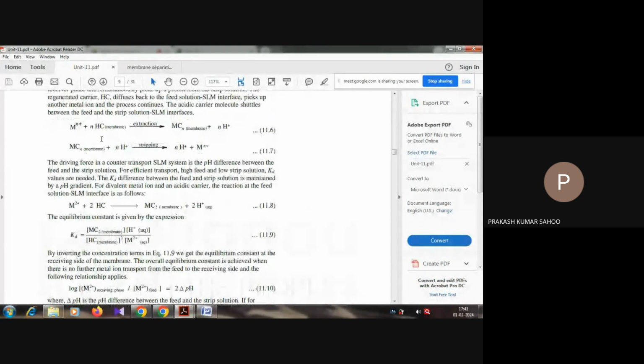Then we have a membrane like HC membrane, that is, it may be an organic membrane. This organic membrane will separate the H+ ion and form an interactive membrane complex, and again this reacts with the H+ ion that is liberated, and again the metal ion gets separated.